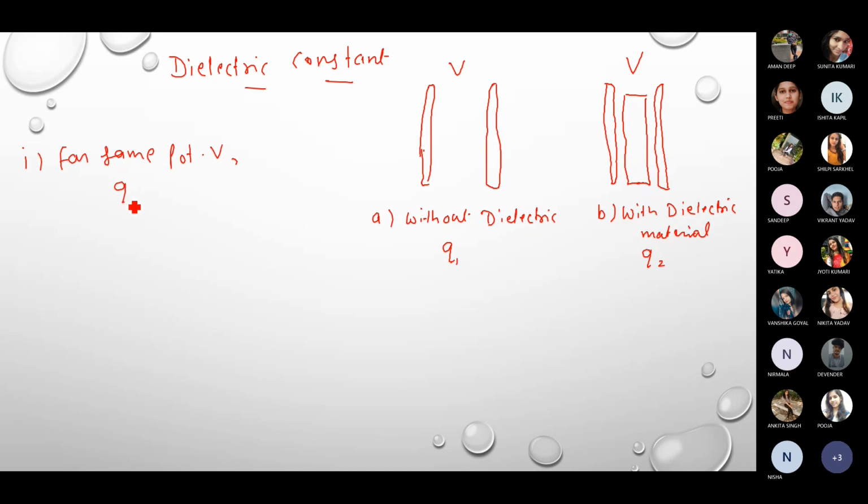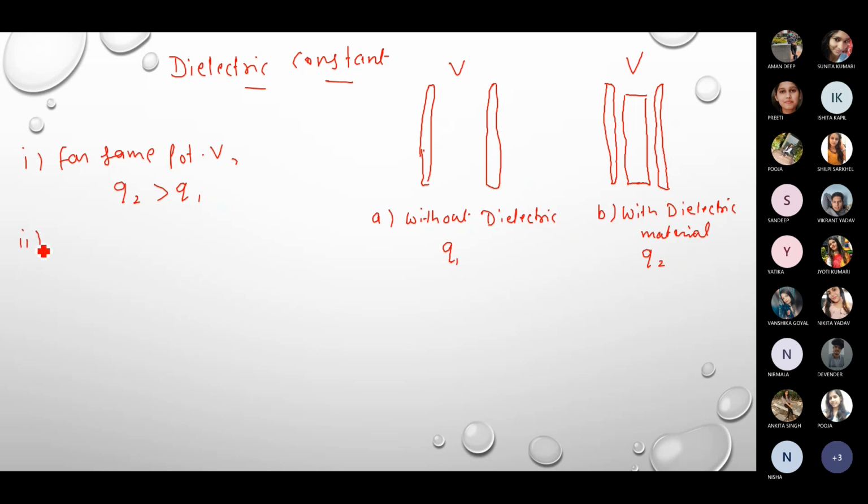Means in that scenario Q2 must be greater than Q1. Okay, what does it mean? It means that a dielectric material increases the charge storage capacity of the capacitors, right?